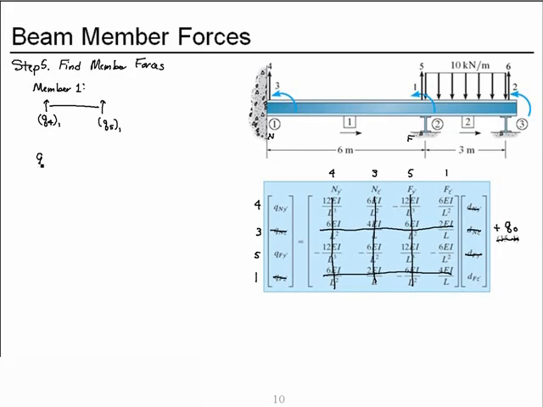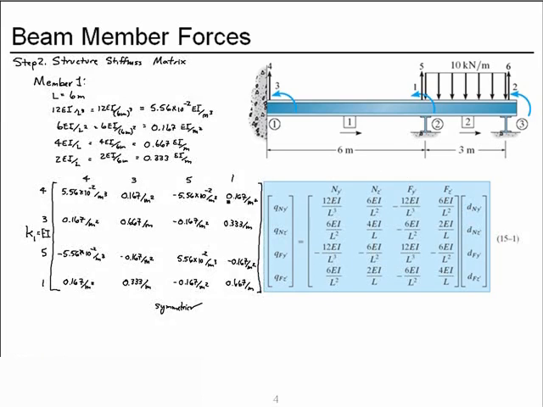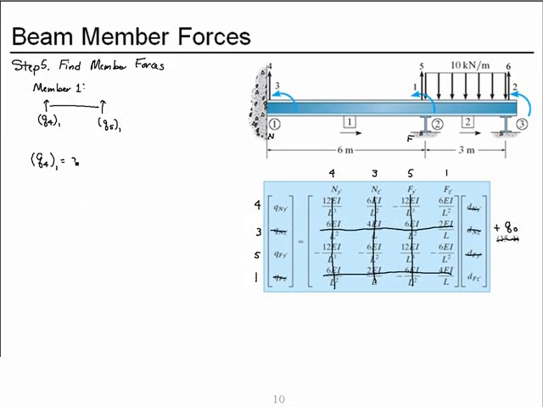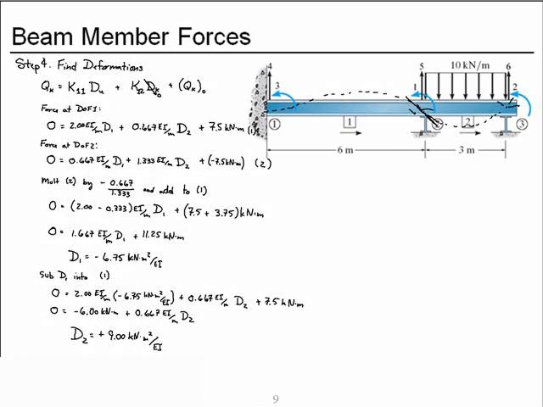So Q4, the shear at the left end of member 1 is this coefficient times this deformation, d1, which we found to be this quantity.